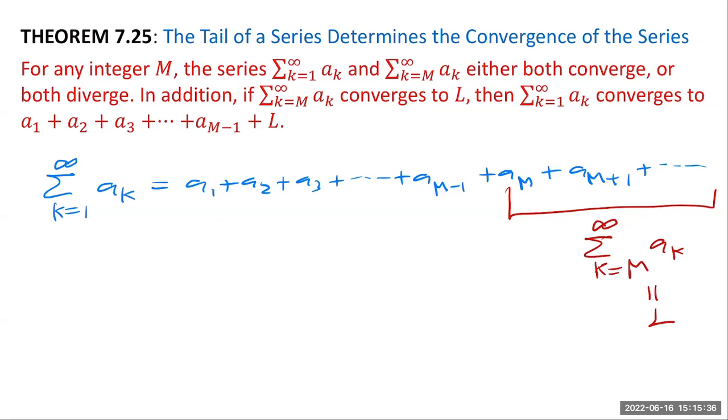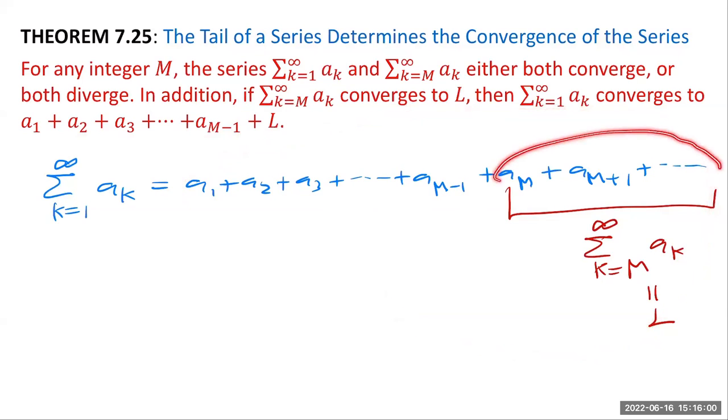If sigma k goes from m to infinity ak converges to L, that means this summation is equal to L, then the summation of the original series, k goes from 1 to infinity ak, is equal to a1 plus a2 plus a3 all the way up to am minus 1 plus L. That is clear from this notation, right?